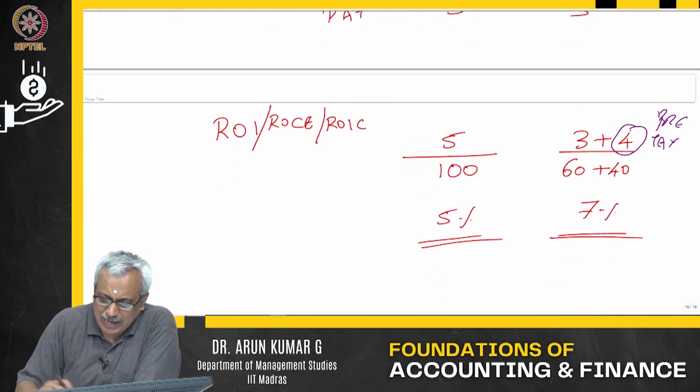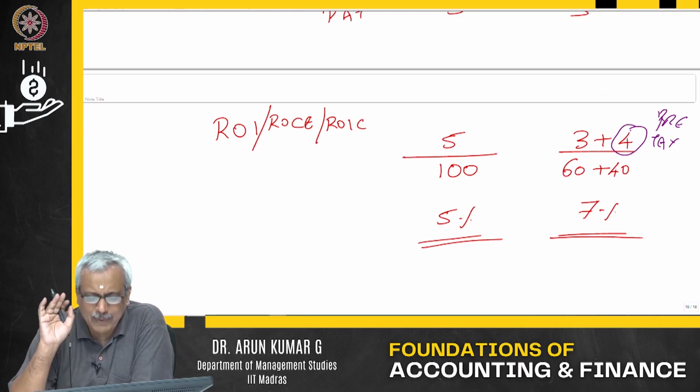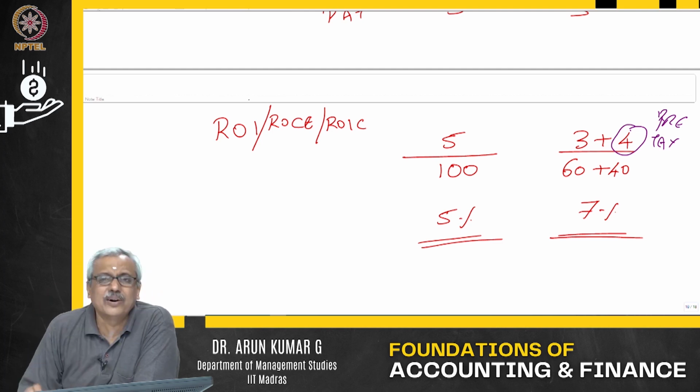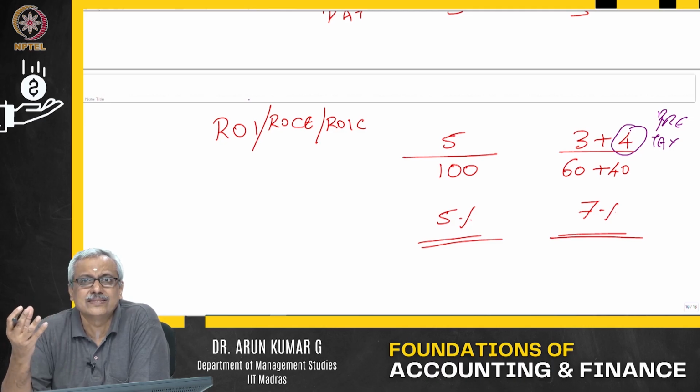So, comparing like this is illogical because I am not comparing their core operation. I want to compare the core operation and take a decision.